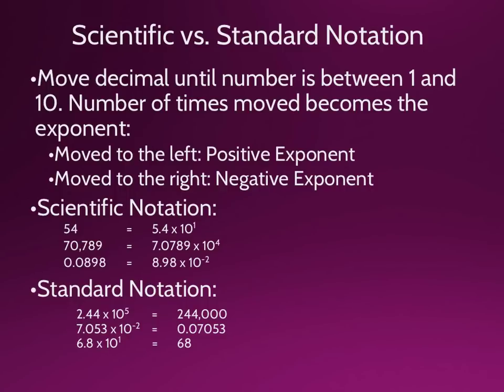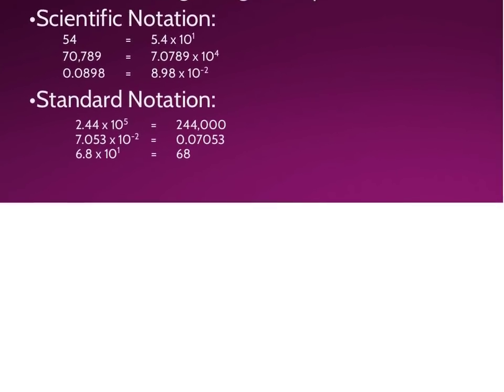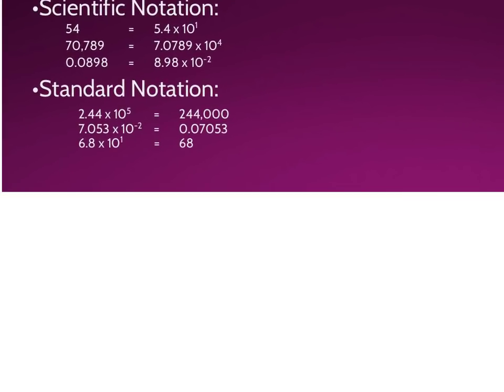So there are two rules. If it is a large number, if it's greater than 10, actually, if it's greater than 9, then you are going to move the decimal place to the left, and you are going to make the exponent a positive number. So here's an example. I'll go ahead and do this 54 one here and write out how we got that.